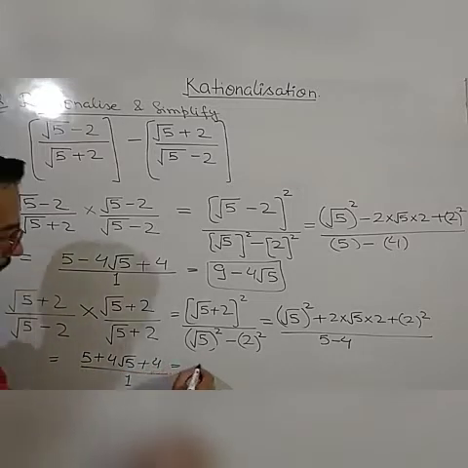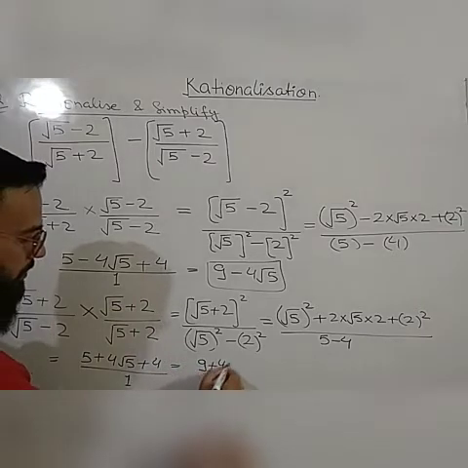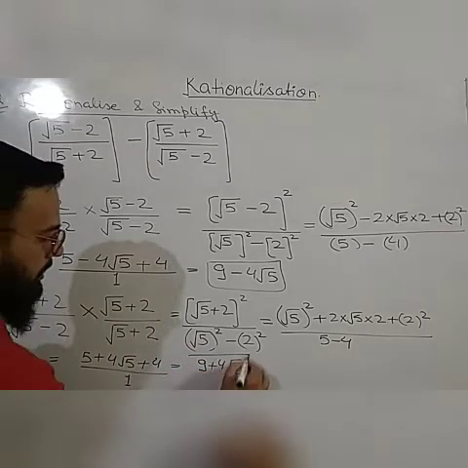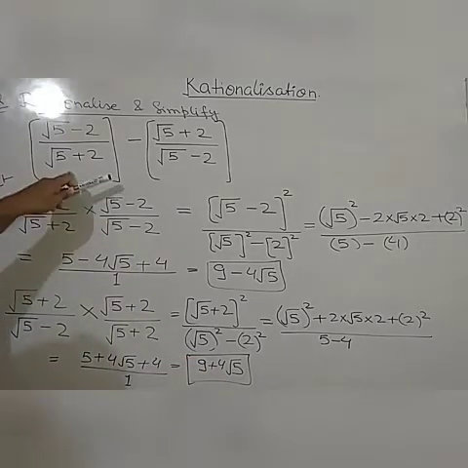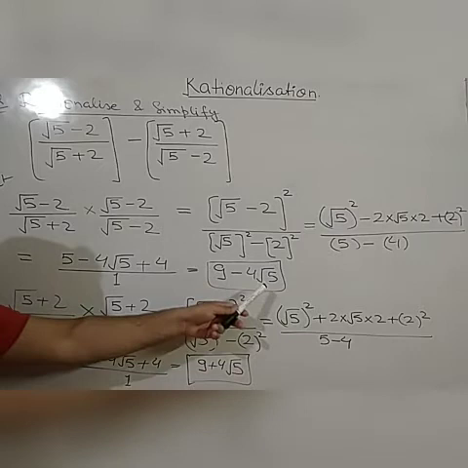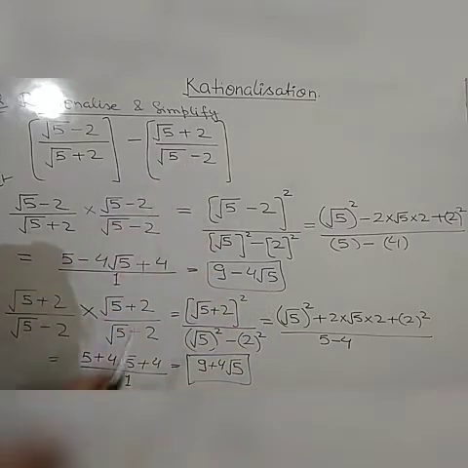So the answer is 9 plus 4 root 5. This is our second term. By rationalizing the first term we got 9 minus 4 root 5, and by rationalizing the second term we got 9 plus 4 root 5.